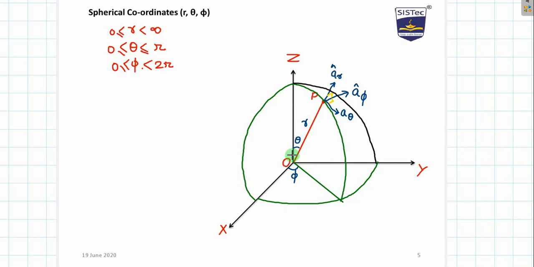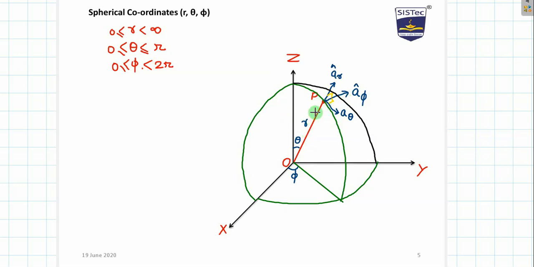This r vector will be root under x square plus y square plus z square. If a point P is there in a three-dimensional plane, the coordinates of this point P in the Cartesian system will be x, y and z.